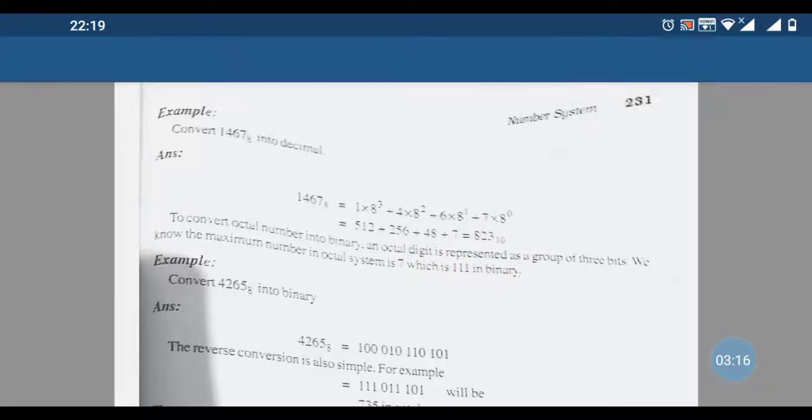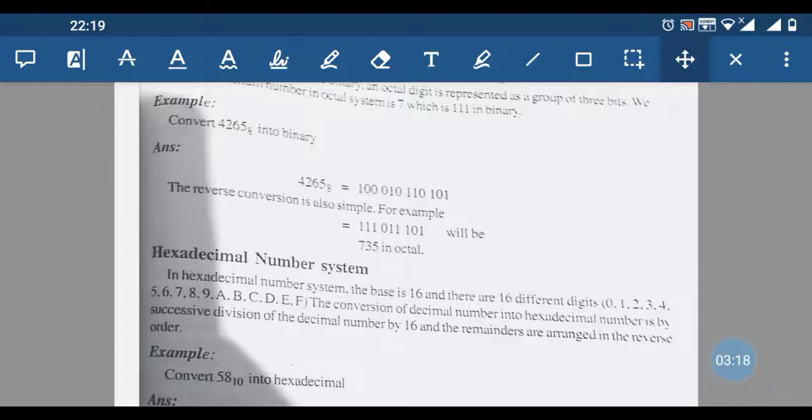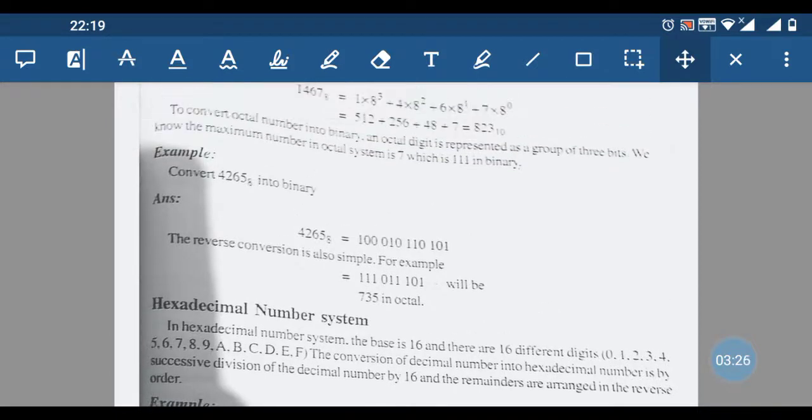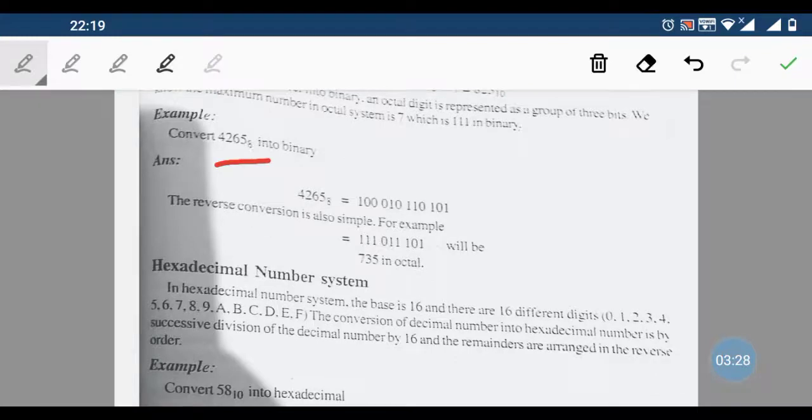Similarly, another problem we can do. Suppose we want to convert 4265 to base 8 directly into binary. The method we can employ is to convert each digit into its corresponding binary form in 3-bit format.